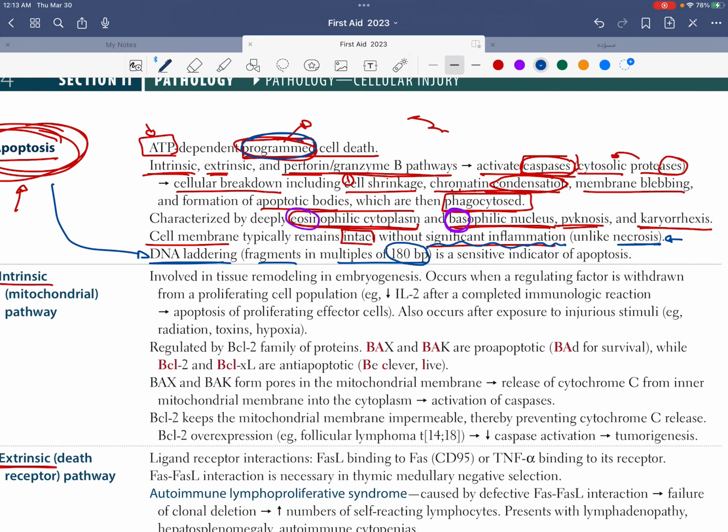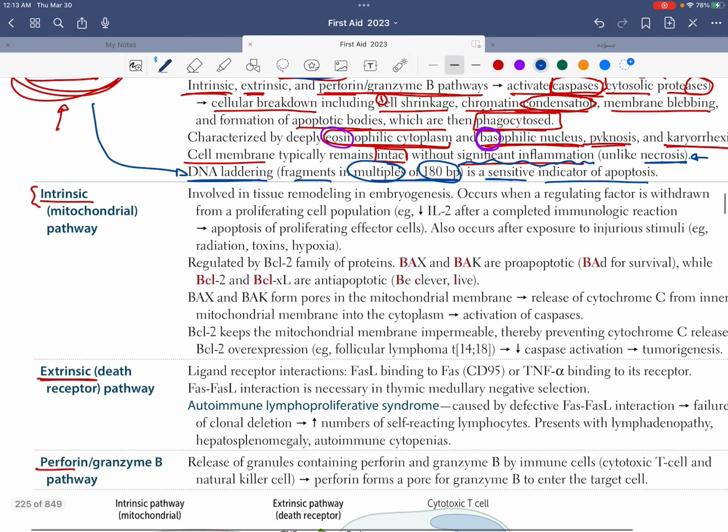So it's multiples of the number 180 base pairs. This is, of course, a sensitive indicator of apoptosis. So if we see that, then basically this cell is going under apoptosis. That is the DNA laddering.